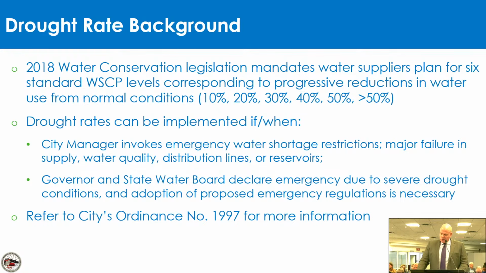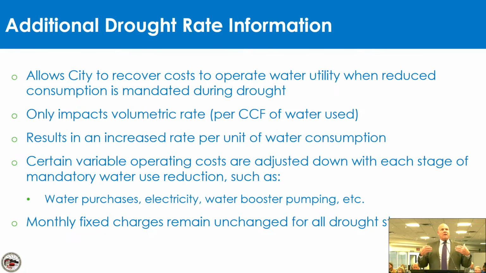In any of these situations, the drought ordinance would be enacted at the appropriate level, depending on the amount of reduction that's necessary. A drought rate is necessary because under these conditions the city is going to be selling less water. The city will also have some reduced costs because the cost of producing water will go down slightly as well. So the rates need to be recalibrated to adjust to this unique situation.